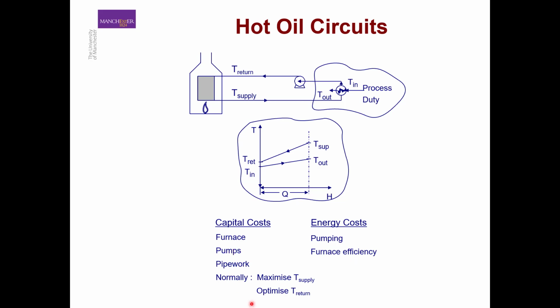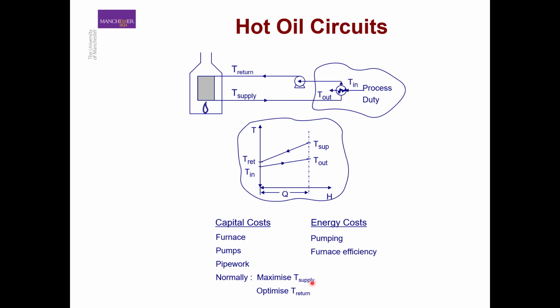So the supply and the return temperature of the oil are a big design decision: what temperature of the oil to use and what its return temperature should be. The supply temperature mostly comes from the design of the process itself.